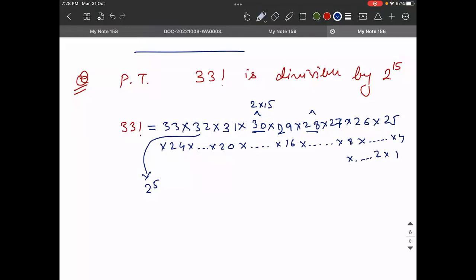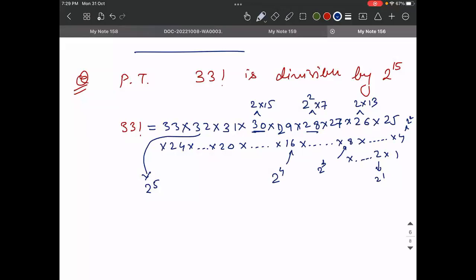Then 28 you can write as 2 into 2 into 7, so 2 squared into 7. We don't care about 7. 26 is 2 into 13. This is 2 to the power of 1, 2 to the power of 2, 2 to the power of 3, right? So here itself you can see this is 2 to the power of 4.